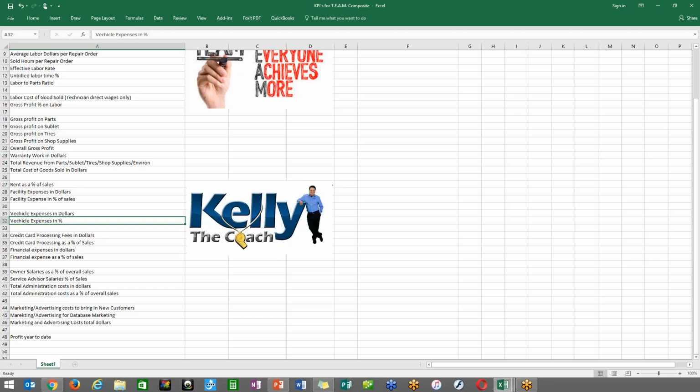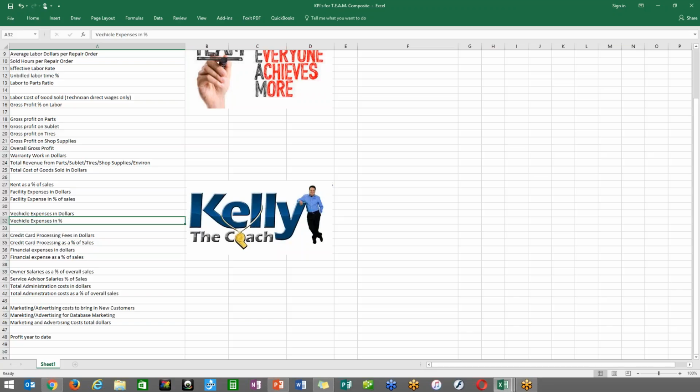Number 34 is credit processing fee in dollars, and there's times where you need to shop that and see better ways of doing that. And when you're in a group, it's kind of nice to be able to see how much other people are paying as a percentage of their dollars, and then you would have an idea that maybe you could use a different service or shop better, or negotiate better with whoever's doing your credit card processing. And we see that, of course, in dollars, and we see that as a percentage as well.